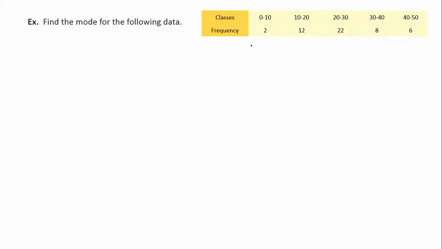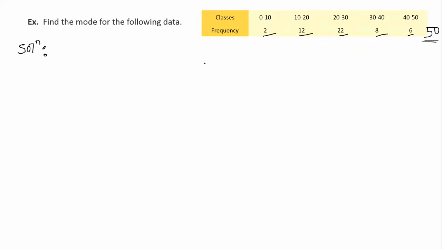So class interval and frequency, we need not construct any more columns, and here we see frequencies as 2, 12, 22, 8, and 6. So I think you see 14 plus 6, 20, plus 50 ... capital N is equal to 50.